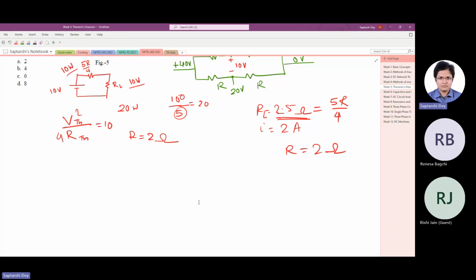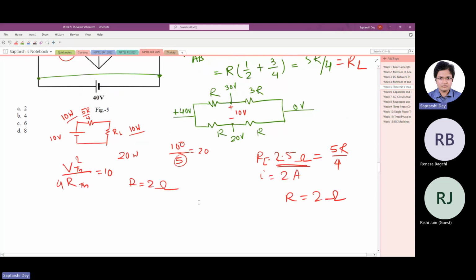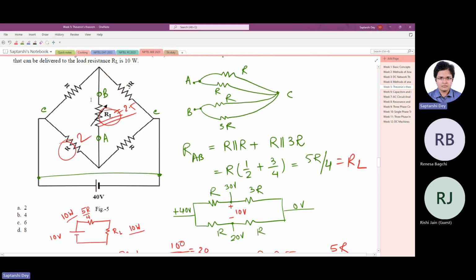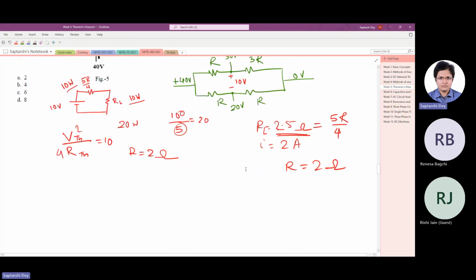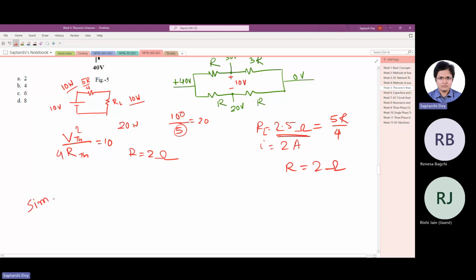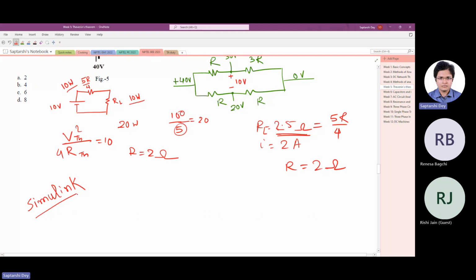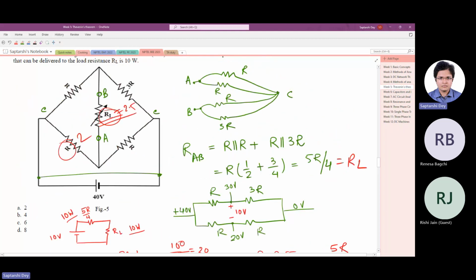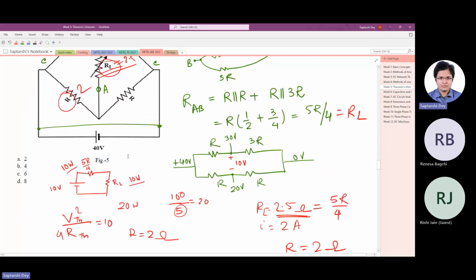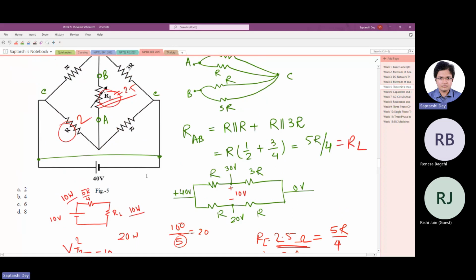MATLAB is actually quite a powerful tool compared to these circuits. MATLAB has a toolbox inside called Simulink, and you can draw these circuits in Simulink, solve them, and see whether your calculations match the results you are getting from there.